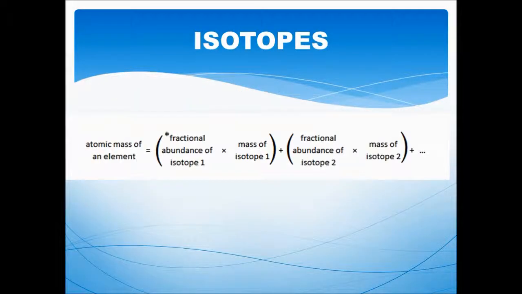Atomic mass is a combination of the fractional abundance of all isotopes of that element, which is why we often say carbon has a mass of 12, whereas in truth, if you take into consideration the isotopes, it is a little bit more than 12.